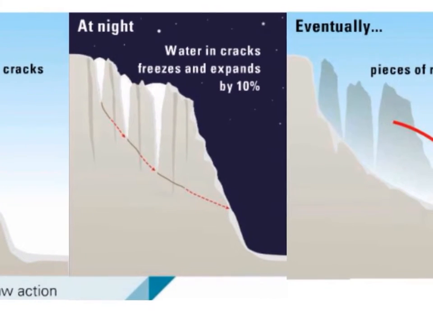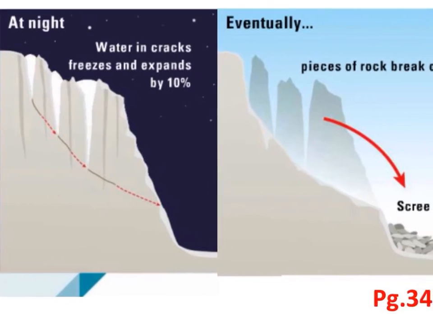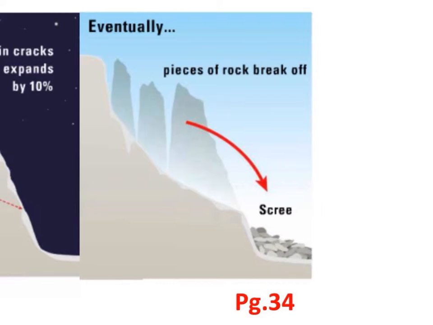Then at night time, the water in the cracks of the rock freezes and expands by 10%, which puts pressure on the rock beside it. This happens again and again, and eventually the pieces of rock break off, fall to the bottom of the mountain or the hill, and lie in a pile known as scree.